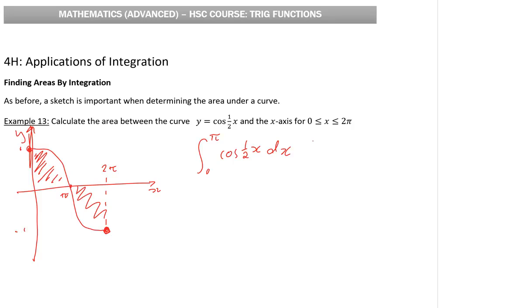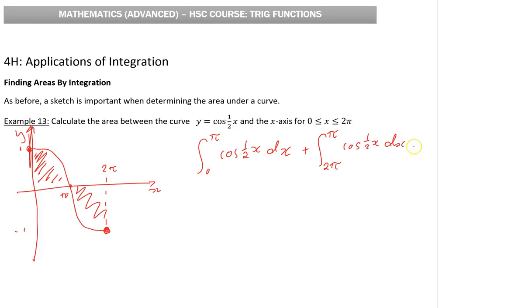I could do minus this integral because it's a negative area, or I could say plus the integral, if I run it backwards, from 2 pi to pi of cos half x dx. Running it backwards gives you a negative result.